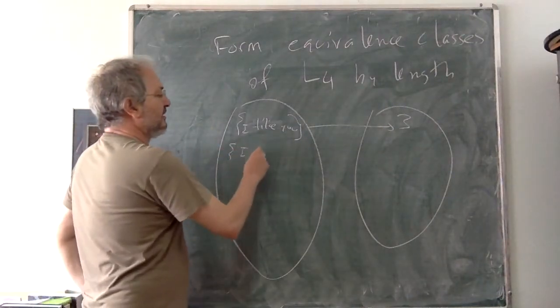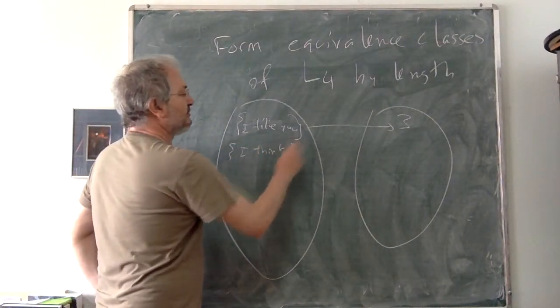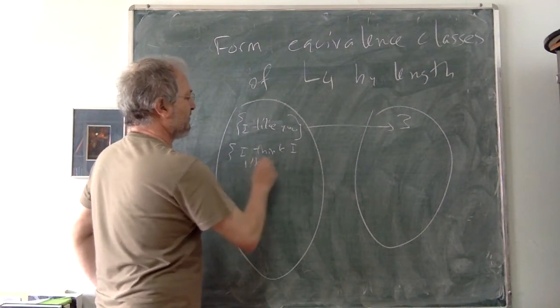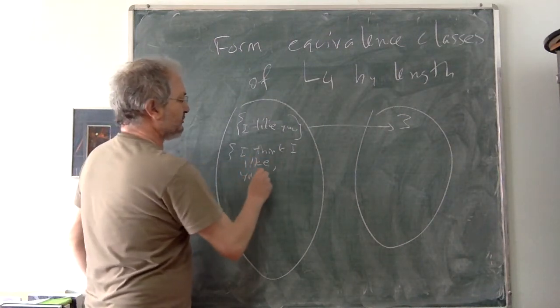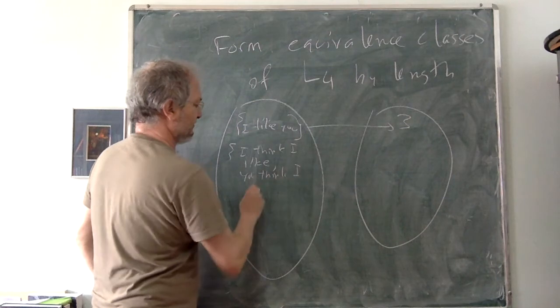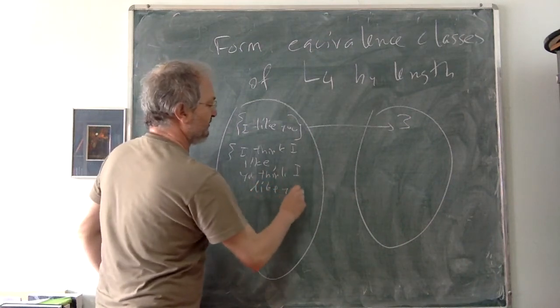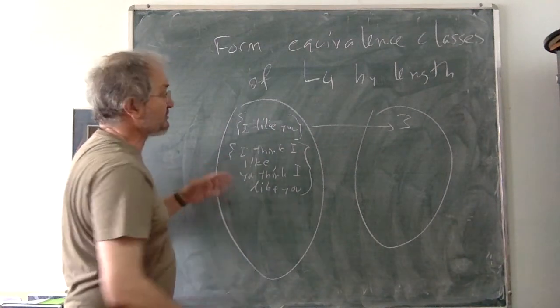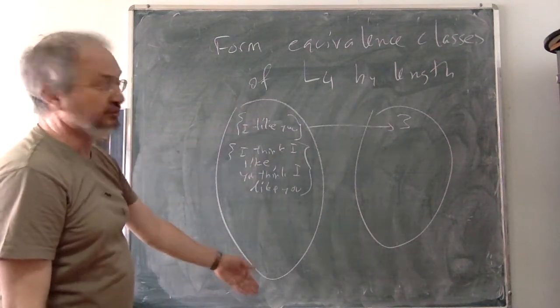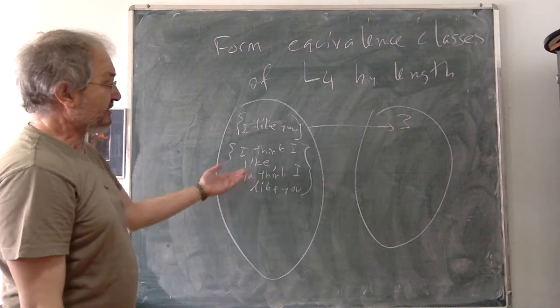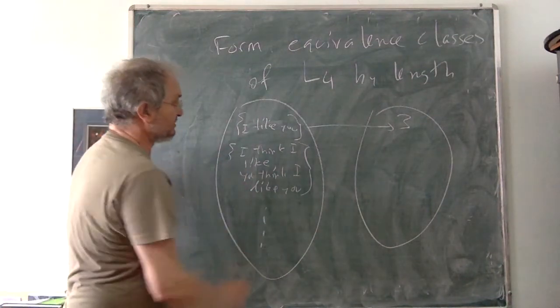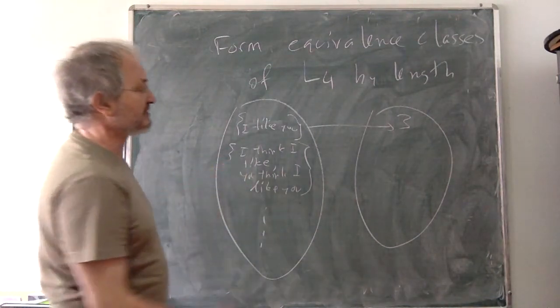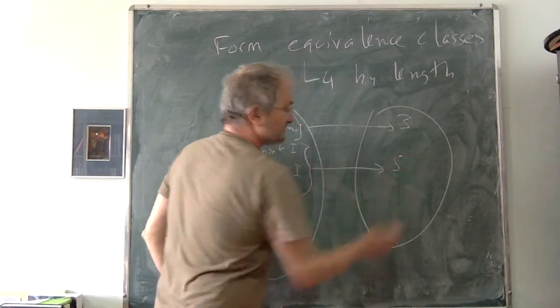And here is "I think I like you" and "you think I like you" as one value of the equivalence class, because after all this set consists of the union of these. So I can write the union like this, and you can keep doing this. The common property of this equivalence class is having the size 5.